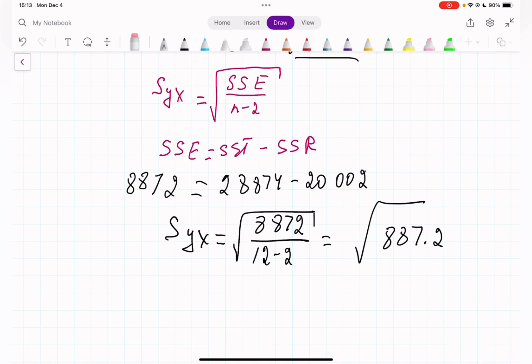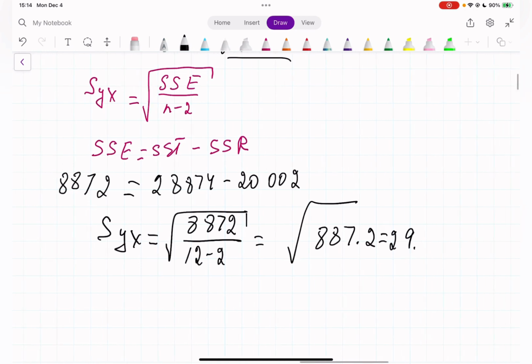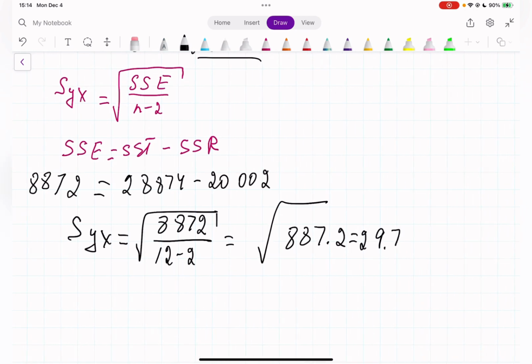If I take the square root of 887.2, I'm getting 29.7859. How many decimals do we need?